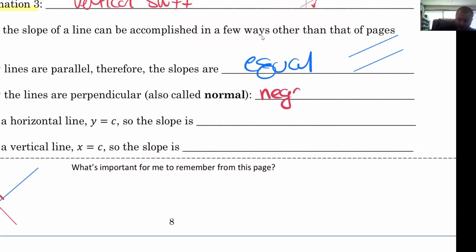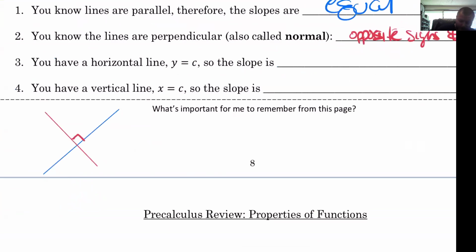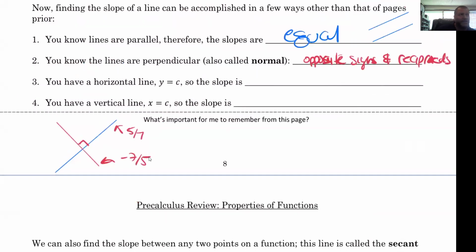So if two lines are perpendicular, they have opposite signs, and they're also reciprocals of one another. So if this blue line has a slope of, say, 5/7, this one right here would have a slope of -7/5. The reciprocal of 5/7 is 7/5, and then they also have to have opposite signs.